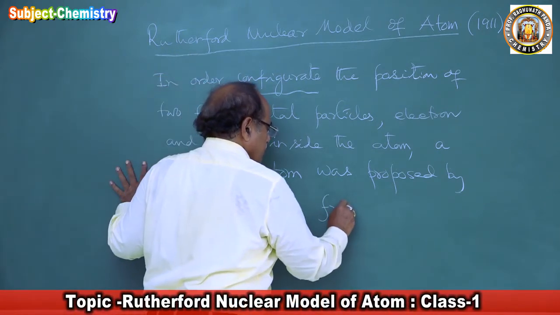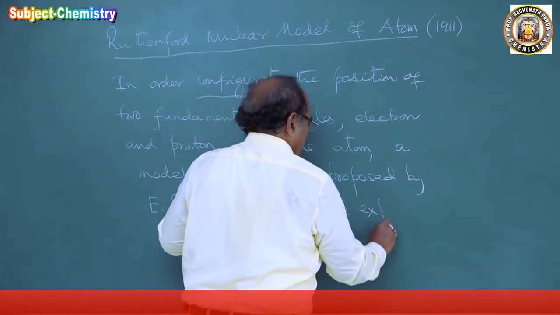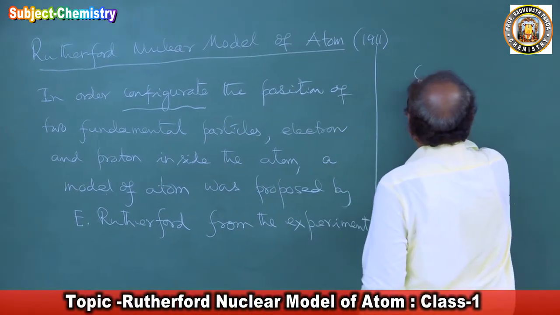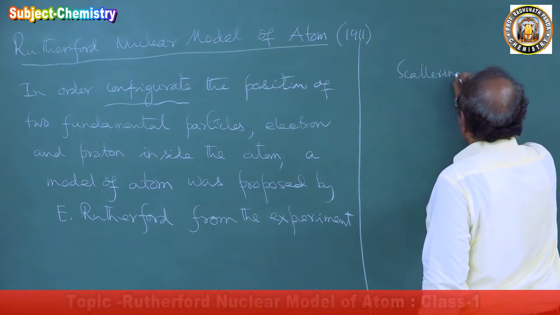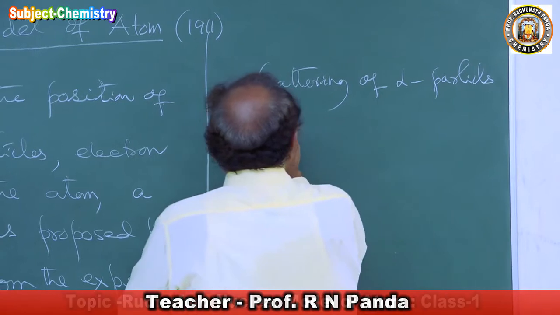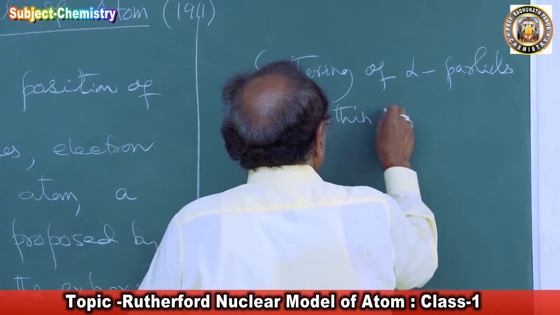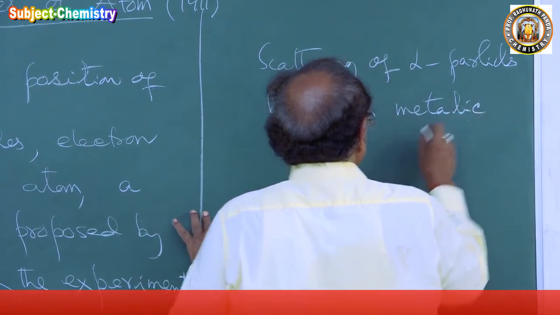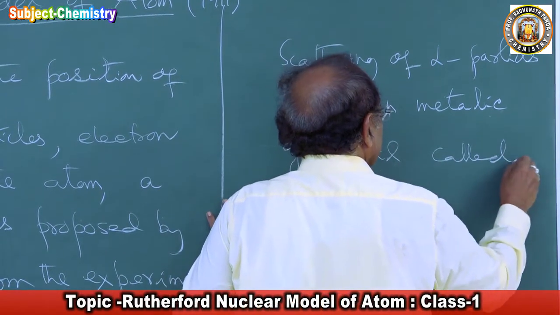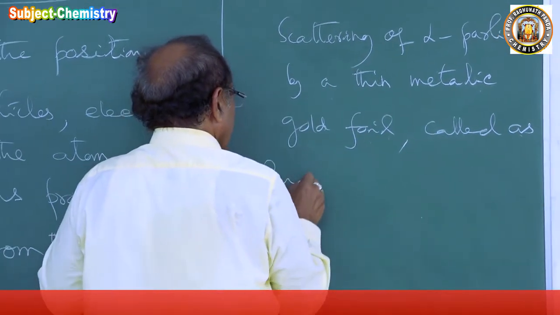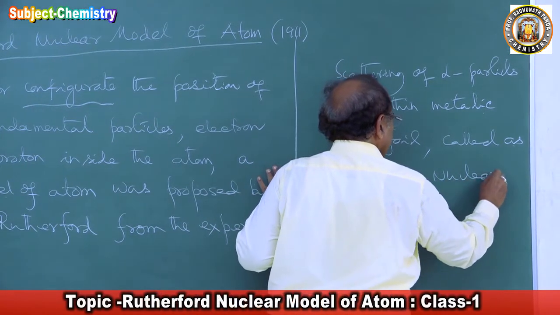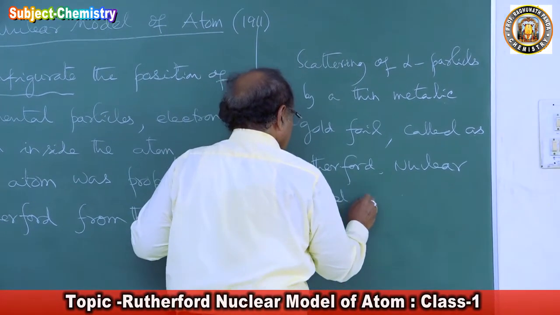It came from the experiment of scattering of alpha particles by a thin metallic gold foil, called the Rutherford nuclear model of atom.